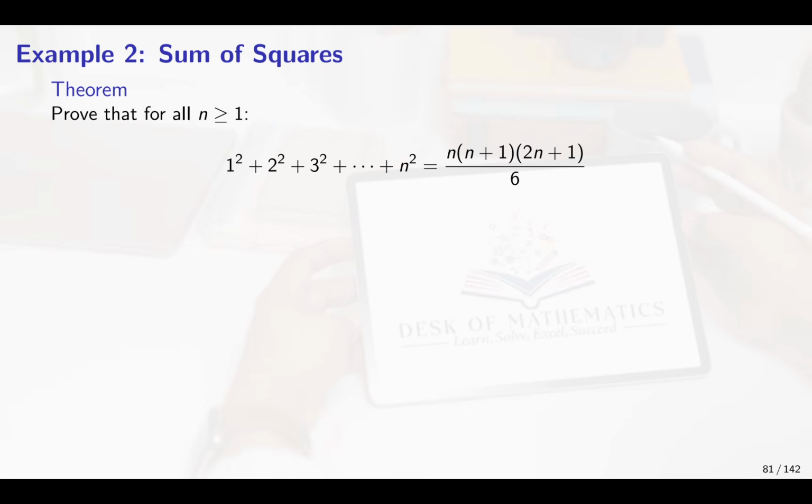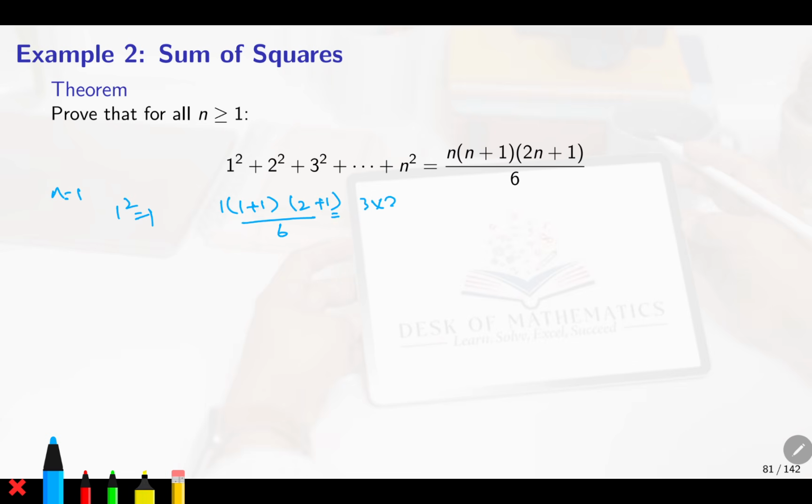For the initial value n equal to 1, what will be your LHS? Your LHS will be 1 square, that's 1, and your RHS will be 1 into 1 plus 1, which is 2, into 2 plus 1, which is 3, divided by 6. So that is 3 multiplied by 2 by 6, that is 6 by 6, equal to 1.